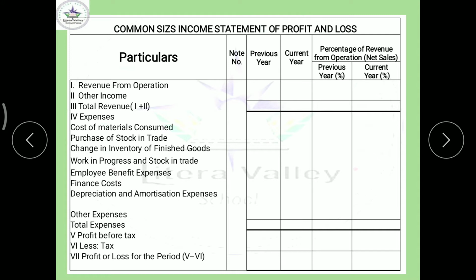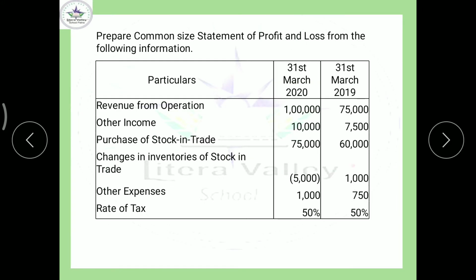Okay. Now here a question is given. Prepare a common size statement of profit and loss from the following information. Revenue from operations for the current year is 1 lakh, for the previous year 75,000. Other income 10,000, 7,500.